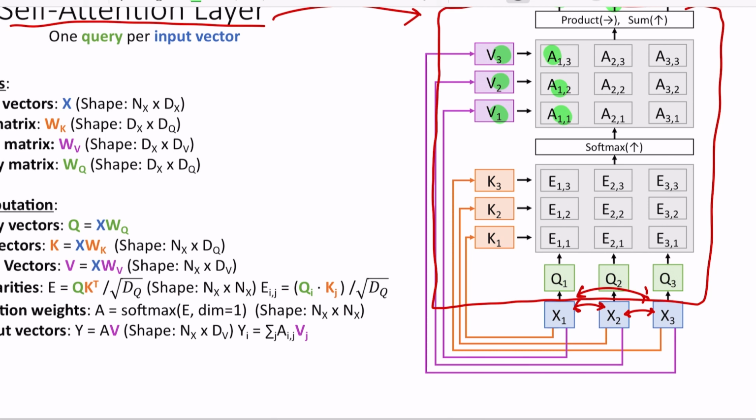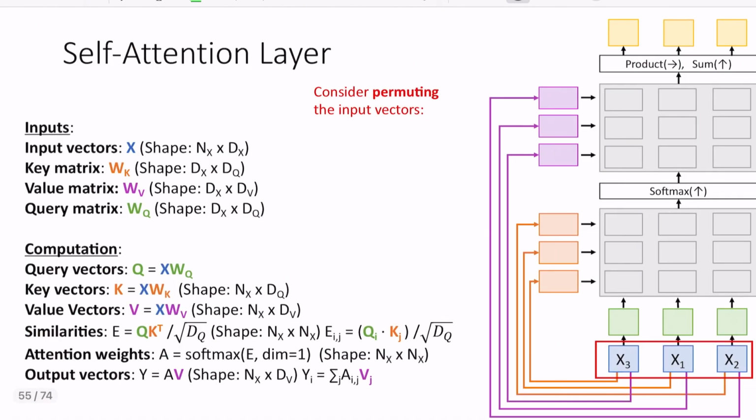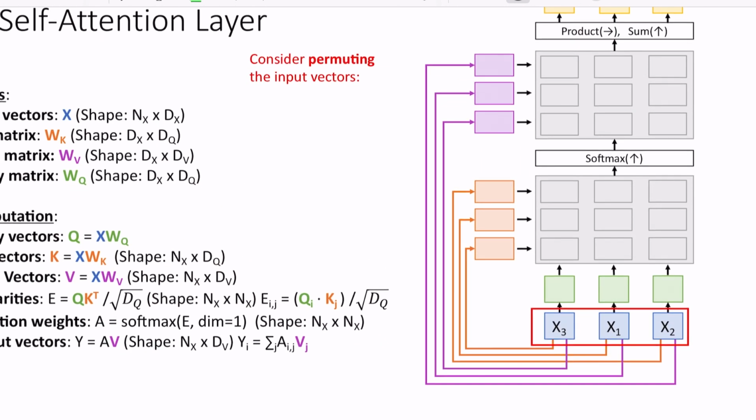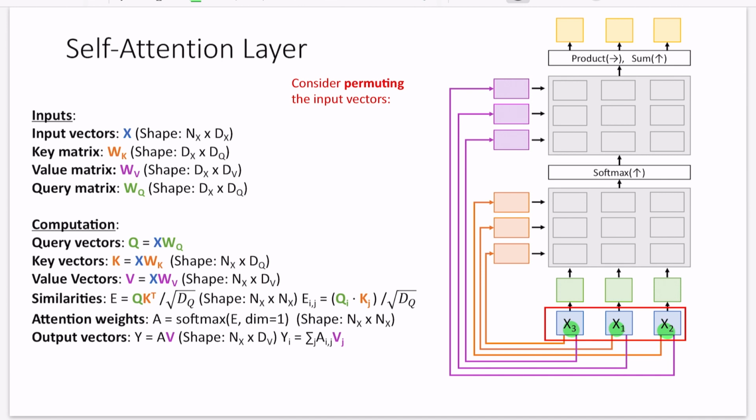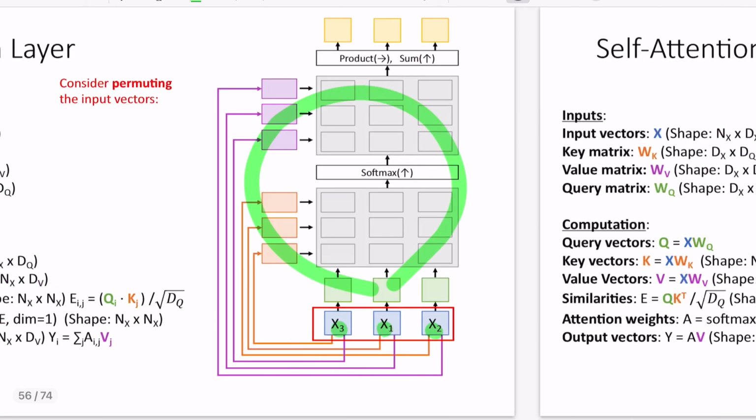Because when your original sequence is x1 to x3, if we just permute it as x3, x1, x2, then the self-attention mechanism will be applied to such a permuted input.